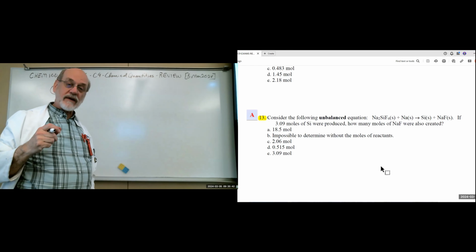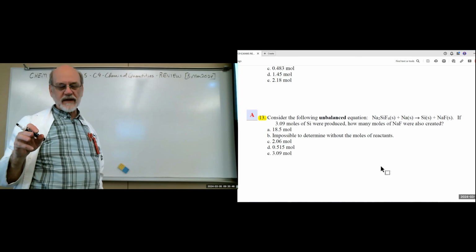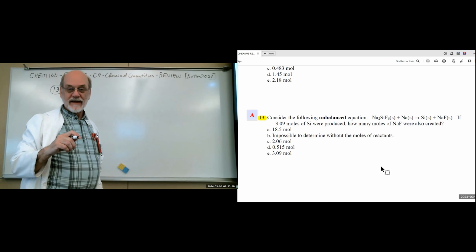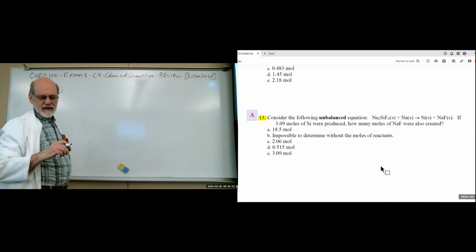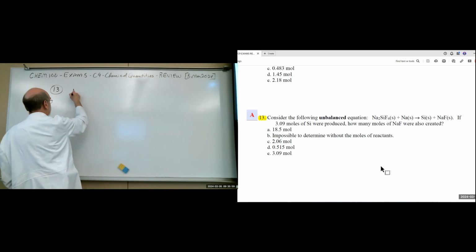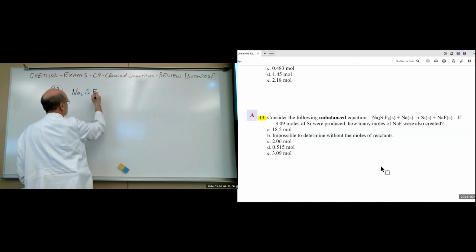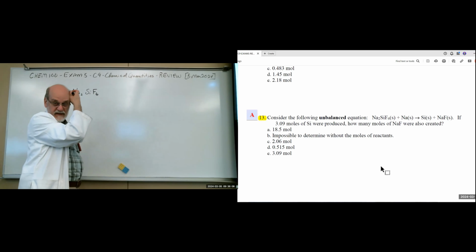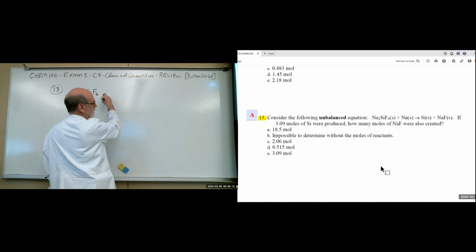If 3.09 moles of silicon were produced, how many moles of sodium fluoride were also created? Okay, so we've got sodium hexafluorosilicate, right? And sodium. This is a solid, I believe. Yep, solid.